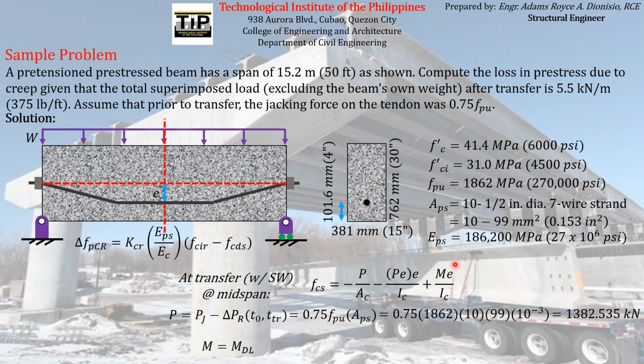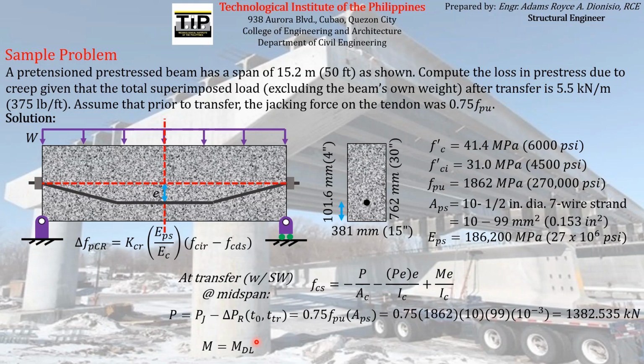So next will be the magnitude of M, which is equal to MDL for the stage of pre-stressing at transfer with self-weight. So we just have to get the magnitude of the moment due to the dead load or the self-weight itself at midspan, which is equal to WL squared over 8.